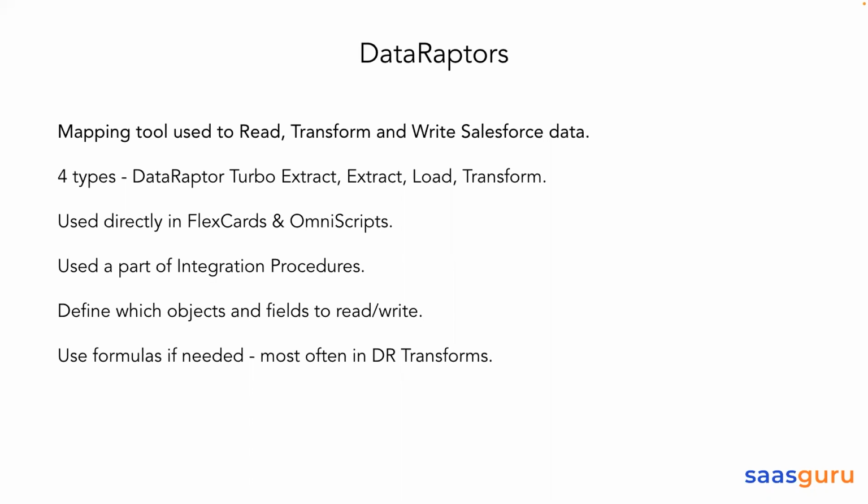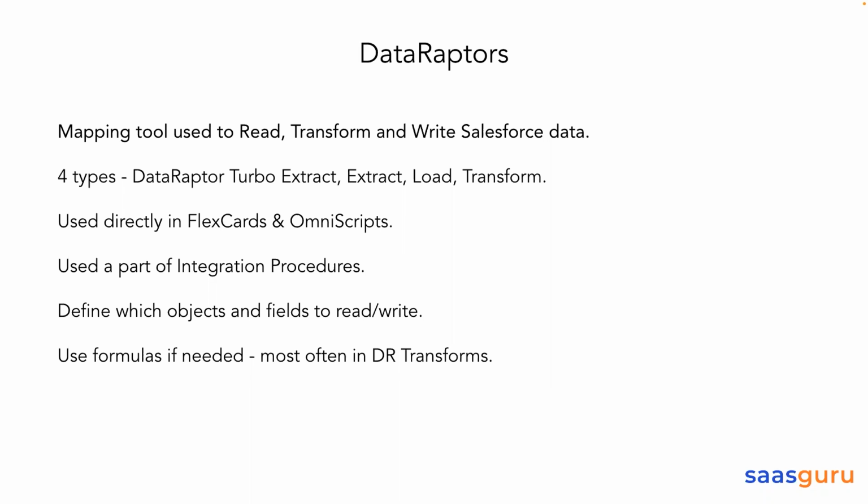Data raptors can be used directly in FlexCards and OmniScripts. They can be used as part of an integration procedure. The thing is that they can be reused. So once you create one, you can use it in all of the FlexCards and multiple OmniScripts. It doesn't interfere. The other cool thing is that, for example, if you use data raptor extract that extracts from, let's say, account and contact records, you can just select one of the nodes in that JSON to use for FlexCards.